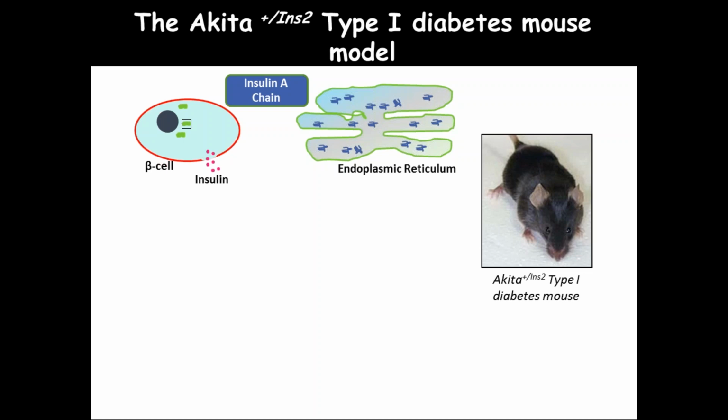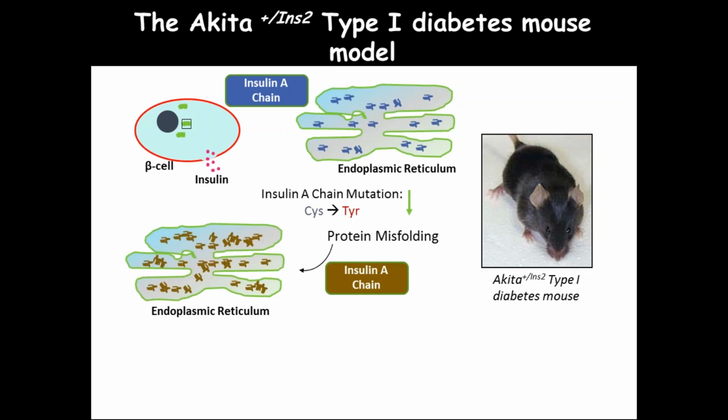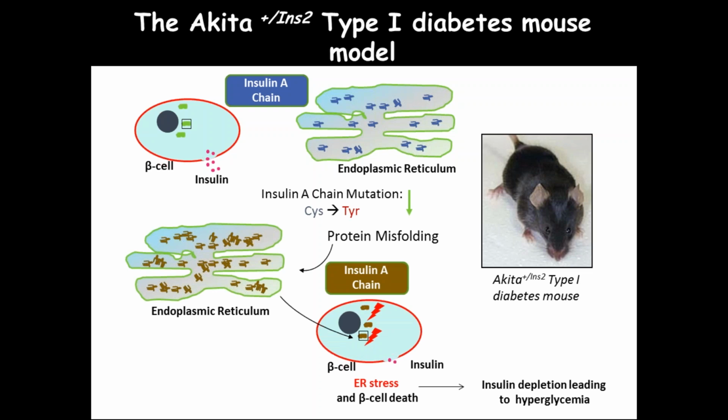So imagine I'm in the conference, I've had my introduction. Thank you for the opportunity to talk today. We're going to discuss the Akita type 1 diabetes mouse model. It has an insulin chain that is mutated. That mutated insulin chain causes misfolding. That damages the beta cell, causes ER stress, cell death, and hyperglycemia. I'm going to tell you how we use this model.